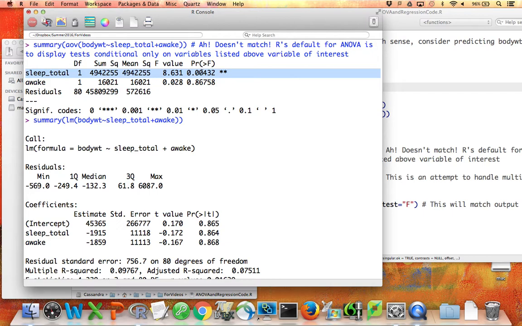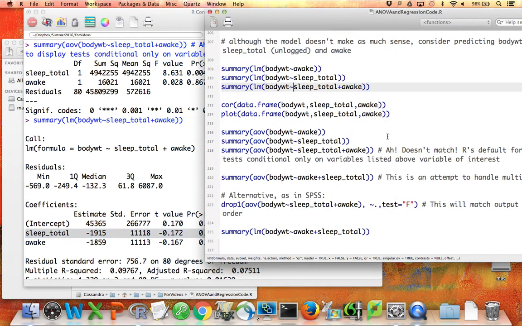And depending on what your research question is, you might be interested in different versions of these tests. But it's important to know that even in this case, with these two continuous predictors, you're going to get really different answers to a research question depending on which model you run. And the better way to think about this is you're asking different research questions if you run the model in different ways, so it's important to know what's actually being shown in the output.